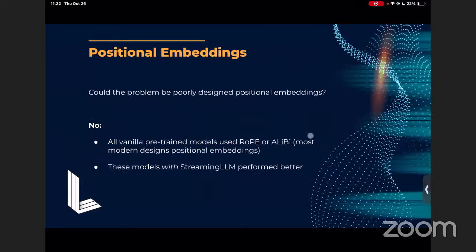Another question the authors came across was, could this whole problem not be related to attention sinks? Could it be just because of poorly designed positional embeddings, which tell the model where which word was?